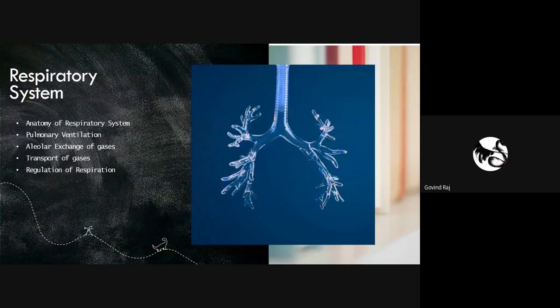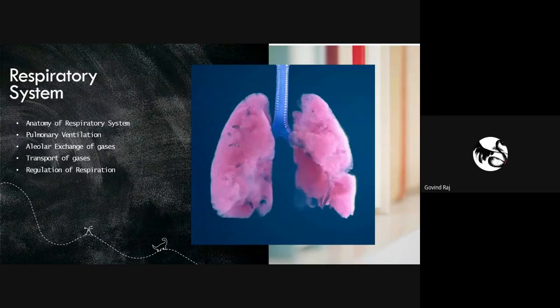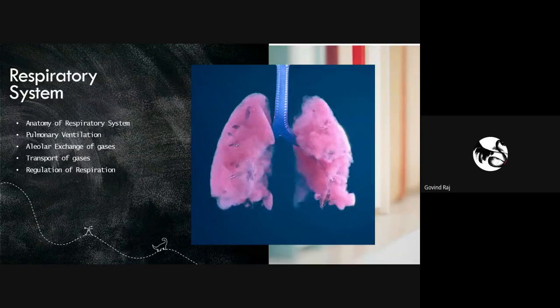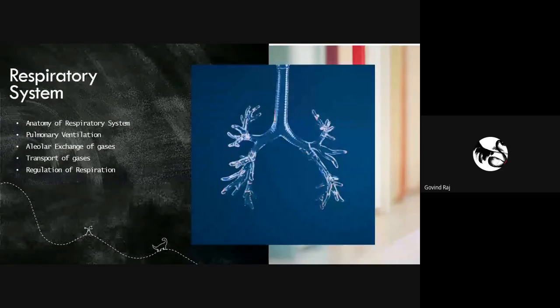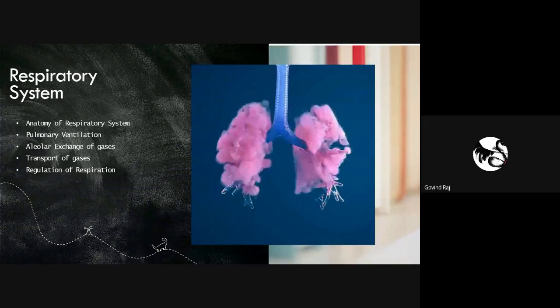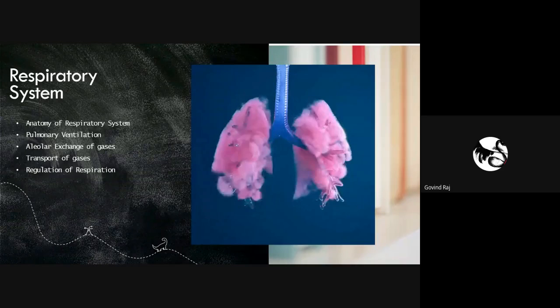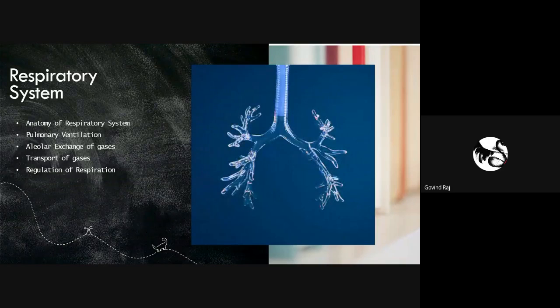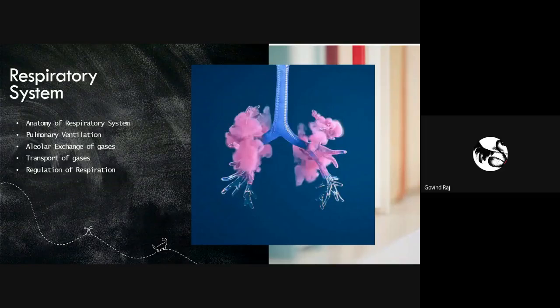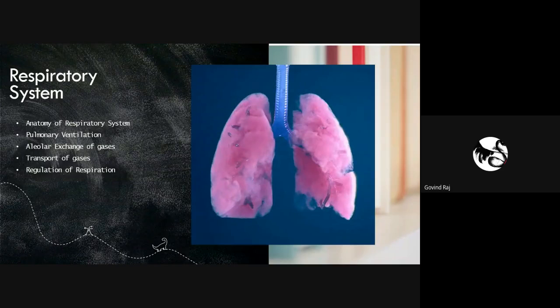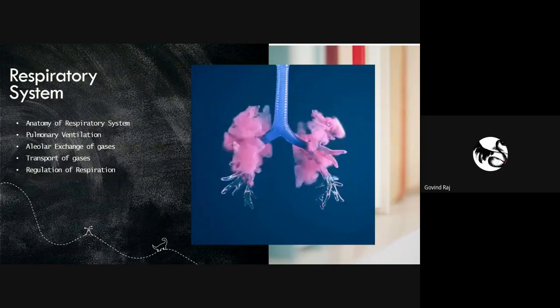In the previous classes about animal organization, cellular organization, and all, we dealt with the evolution of different modes of respiratory system in different organisms, which was explained using some examples. Today we will discuss more about the human respiratory system.